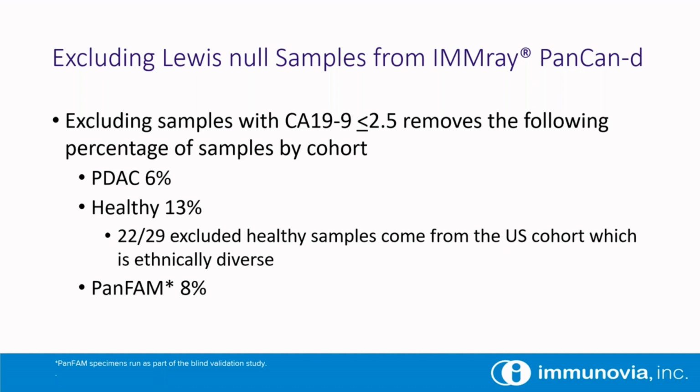When we looked at the ethnicity of individual samples, this correlates fairly well with the reports from the literature. But we also found that different groups that had not been previously reported in the literature also had significant fractions of individuals who were deficient in the ability to form CA19-9.